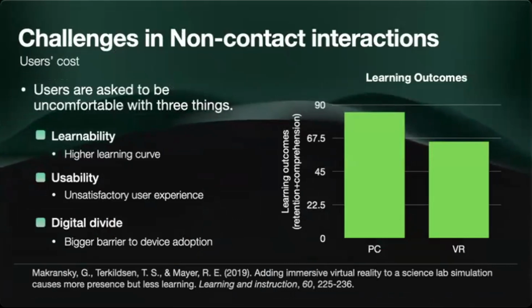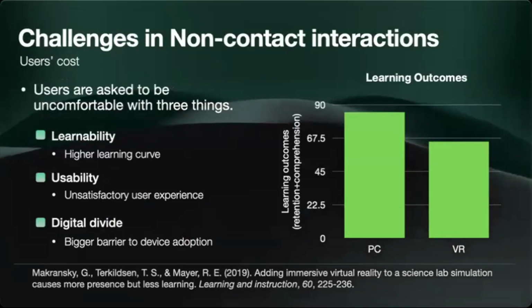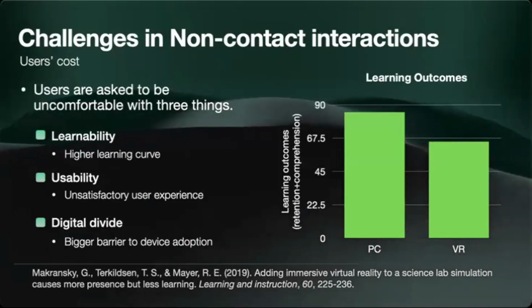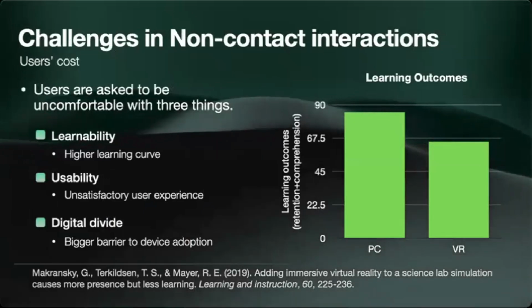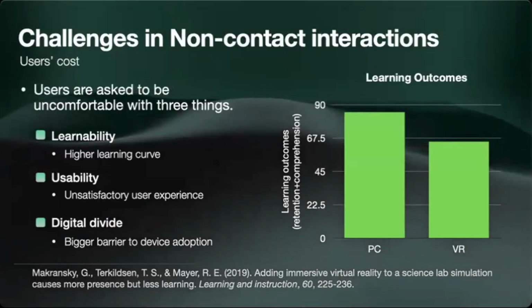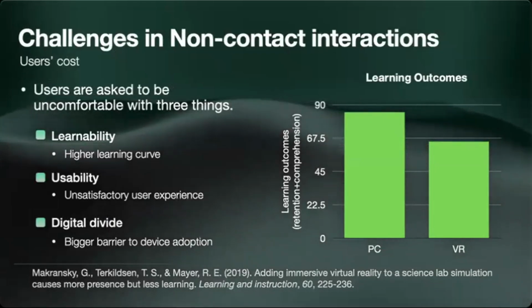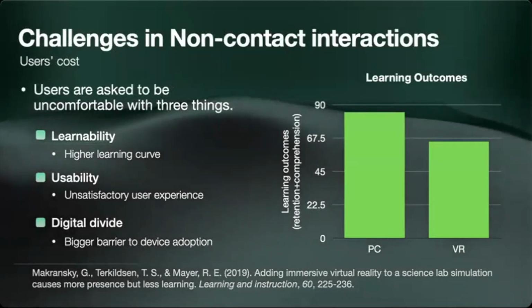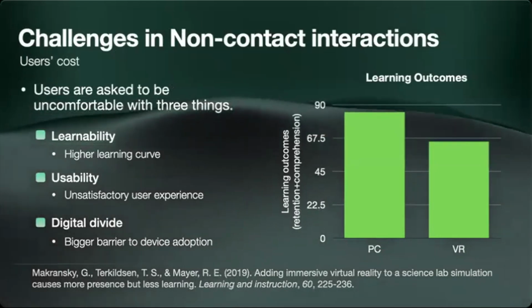Contactless interfaces also present a number of challenges that translate directly into cost for users. First, contactless methods require significant effort to learn, and the bar chart on the screen illustrates the learning outcomes focusing on retention and comprehension. Computer achieves a learning outcome score of 85, whereas VR scores much lower at around 55.